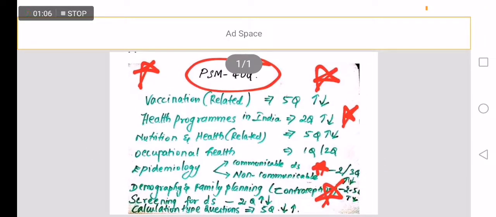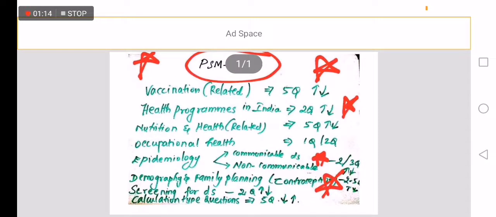So I have given here very important topics that you need to learn for this examination. For the PSM part, vaccines and vaccine related national immunization schedule and health programs related to vaccination, 5 questions or more.